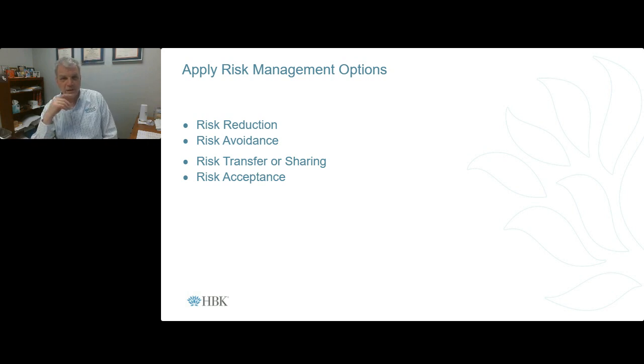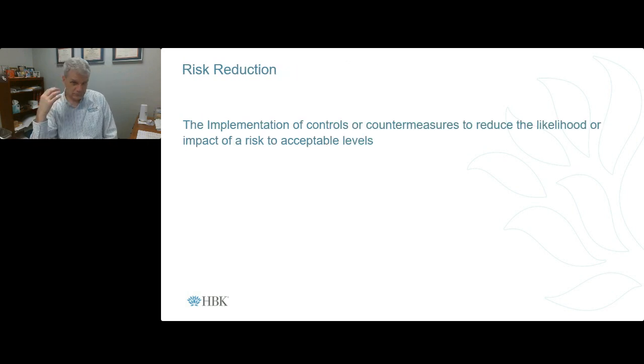So you've got risk reduction. Basically, you want to eliminate or reduce that risk. And like I said, it's virtually impossible to totally eliminate risk, but you can at least reduce it to a point that's in your tolerance zone.